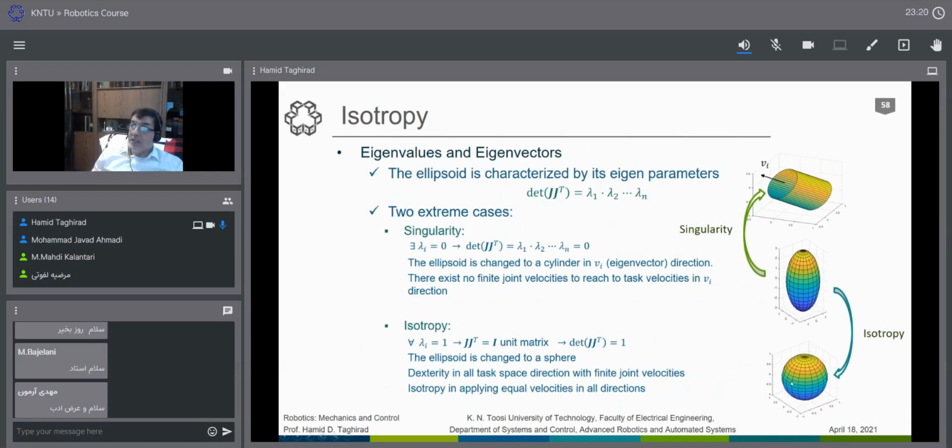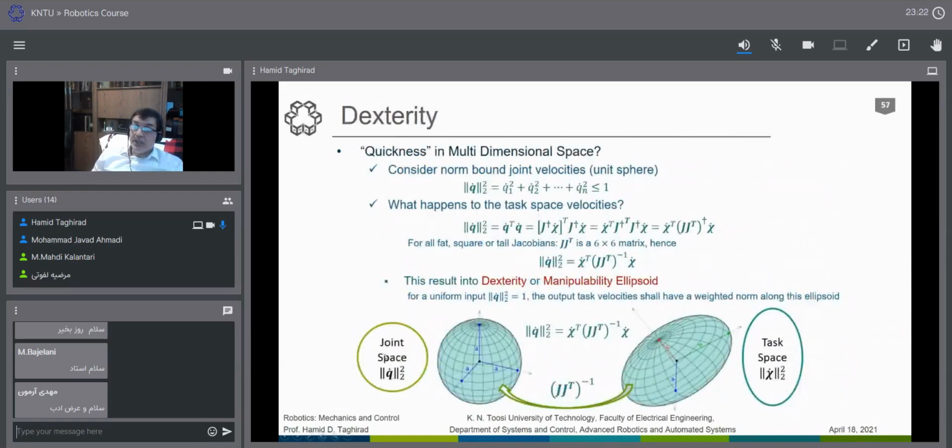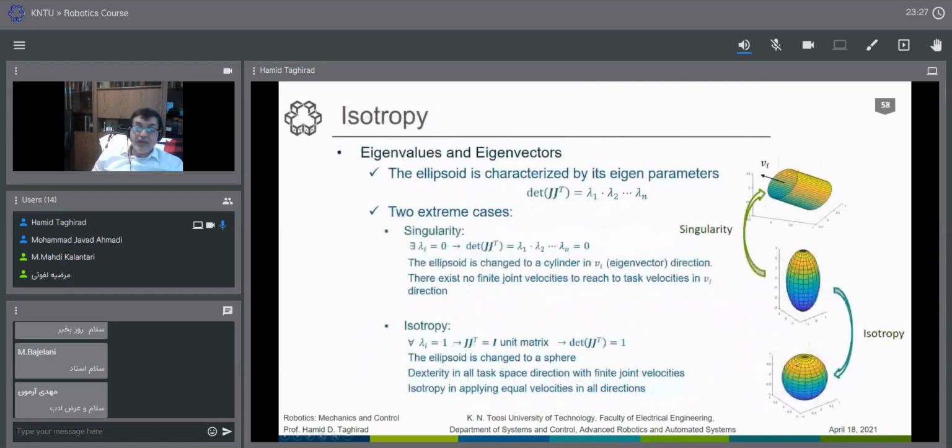This means that this sphere in joint space will transform into another sphere, exactly a sphere, in the task space. And this means that we can have different directions in the velocity quite easily by the action that we can have in the joint space. So isotropy could be a measure of how well a robot is designed and how far we are from the singularity of these extreme cases.